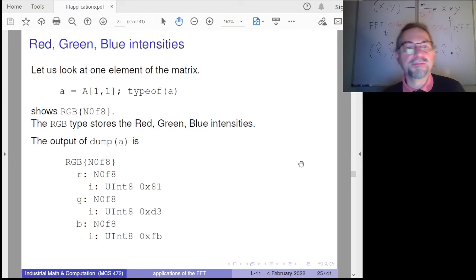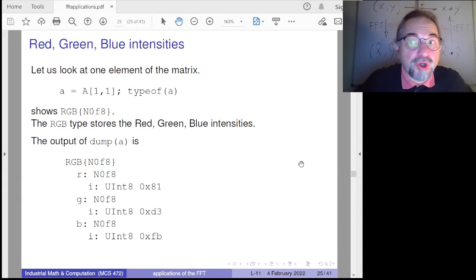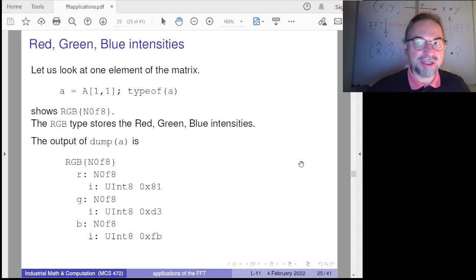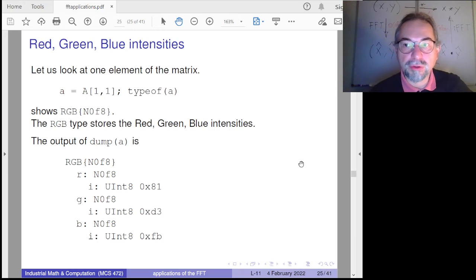But we cannot really compute with them all the way directly. If we look at the first element, so look at the type, then we see RGB. And actually also if you would select this, the image will show up. So the representation of the matrix or a slice is the rendering of the image because of the type of A. So what does RGB mean? It's one of the conventions to store images.